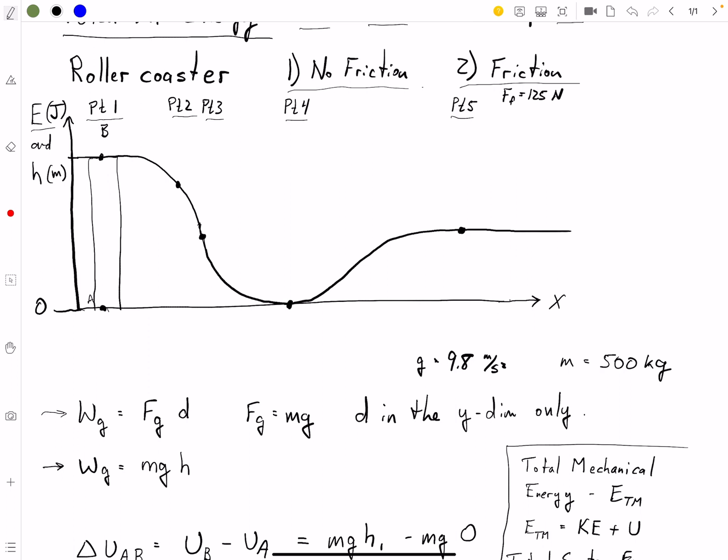This y-axis is not just the energy, it's also our height. So it represents our height, and it also represents our energy. And I'm going to do a bar graph for the energies. Our first energy, we have nothing but potential energy. The whole thing. That's what we start with.